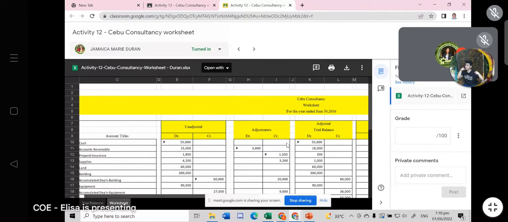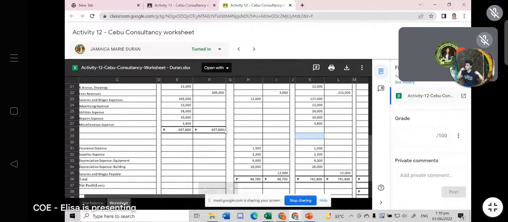Again, we only use the peso sign or dollar sign or any currency for that matter in a trial balance and formal financial statements. So in this case, we need to remove the peso sign.